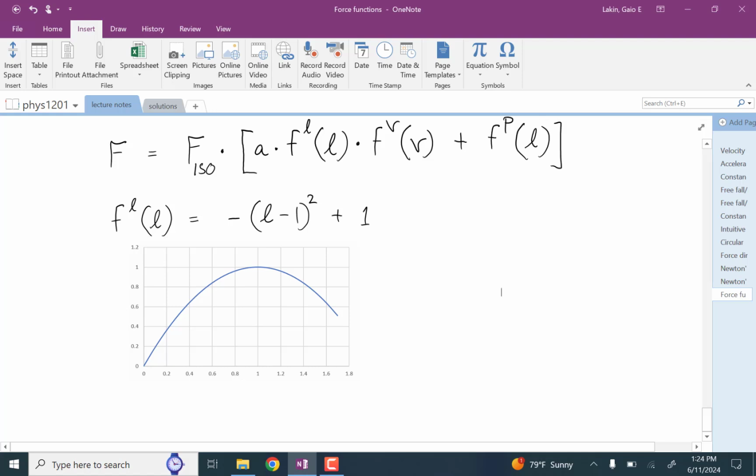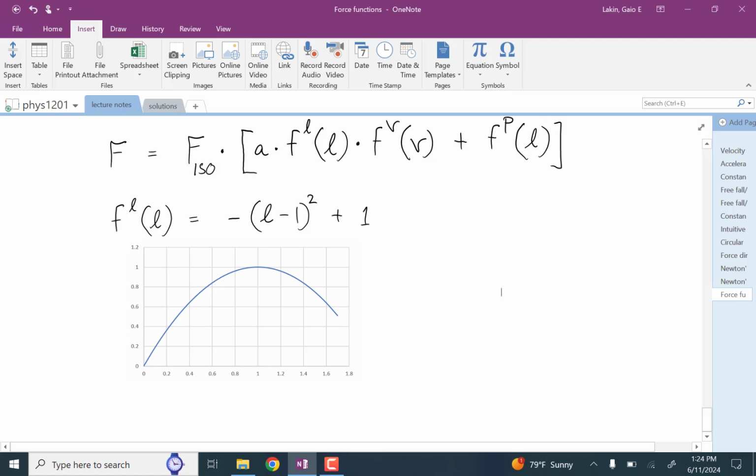So what that says is when the muscle is as short as it can possibly be, that's over here at length equals 0 on the left side, you can see that the muscle cannot generate really any active force at that point.